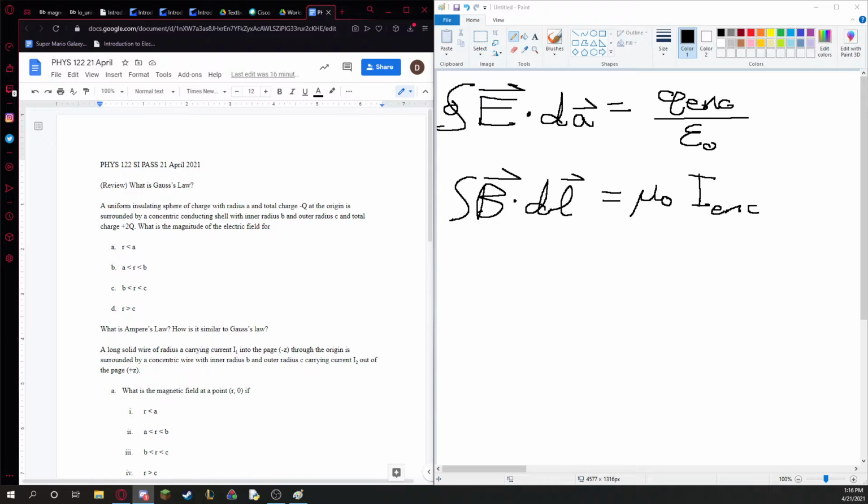Yep, exactly. Because the dot product simplifies to where if we want the magnitudes, it's the magnitude times the cosine of the angle between. And now, how can we simplify that cosine theta argument? For what sort of situations are we able to actually use this B dot dl integral?